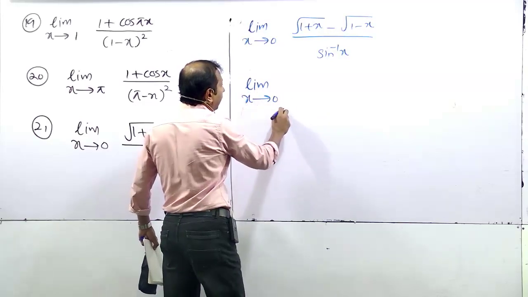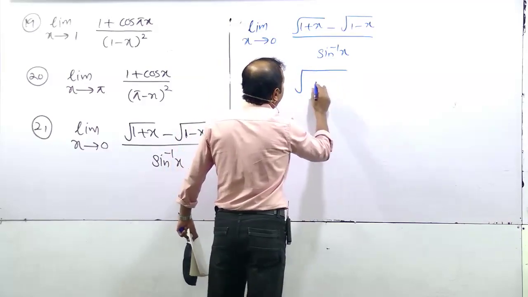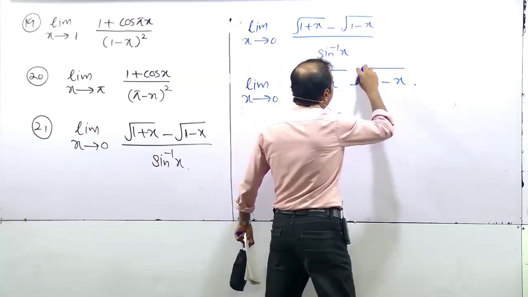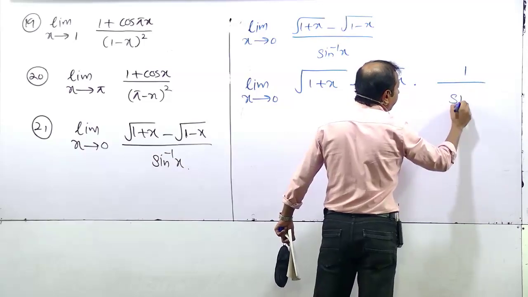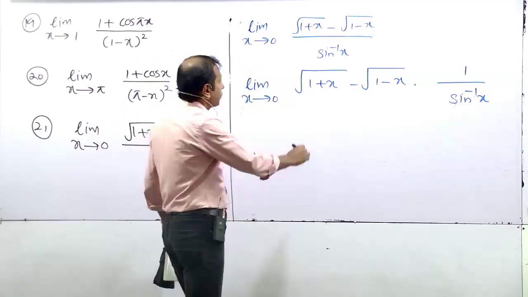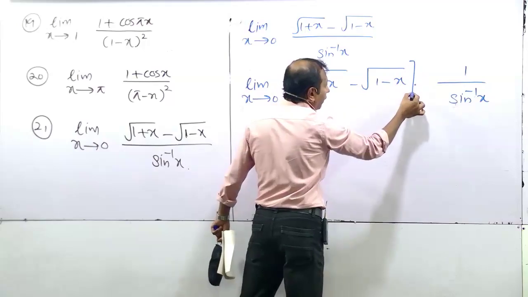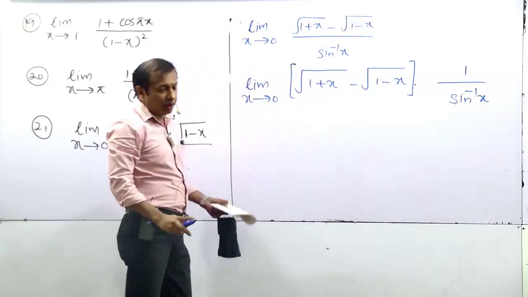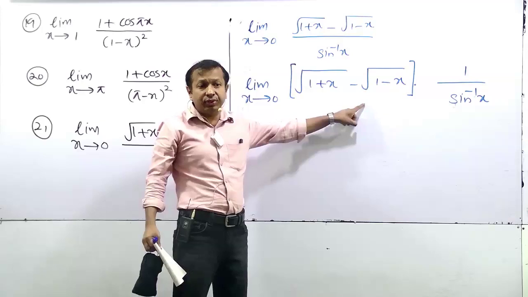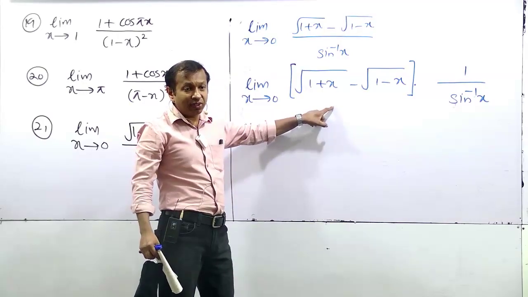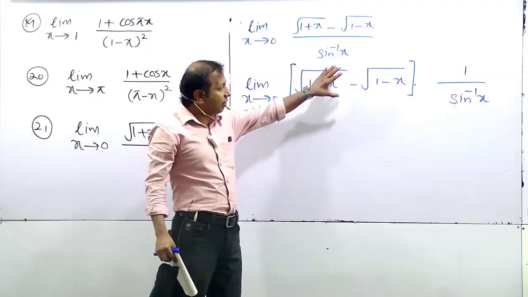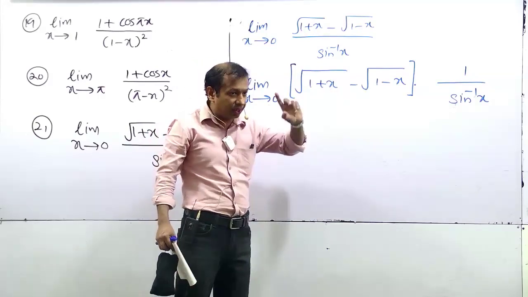Limit x going to 0. I write this one this way now: root of 1 plus x minus root of 1 minus x, and sine inverse x I write as 1 over sine inverse x. This way, right? You know, once we evaluate this kind of thing, in the morning we did what? We multiplied by the conjugate of this. Meantime we multiply and divide by the same conjugate. That's the first line. Do that now.